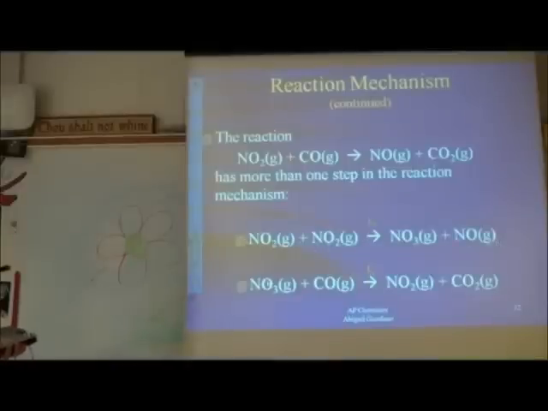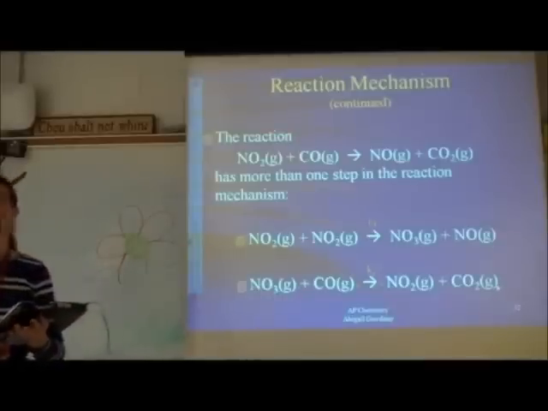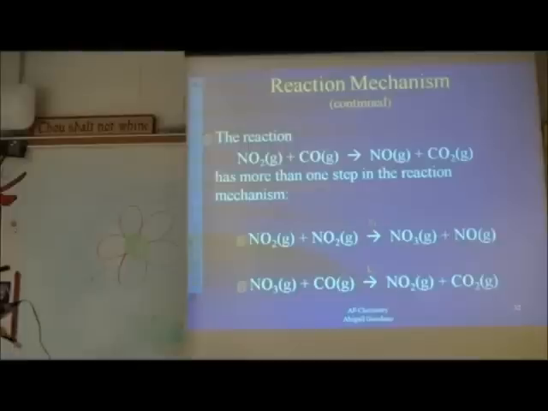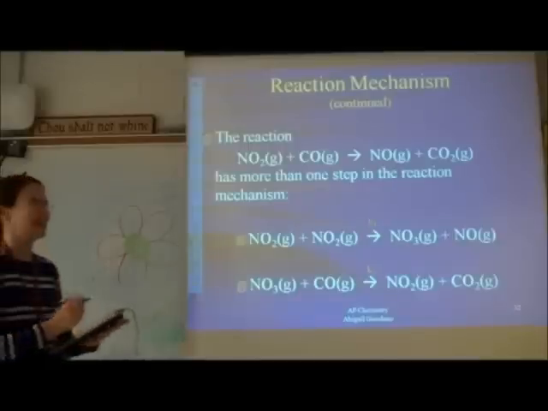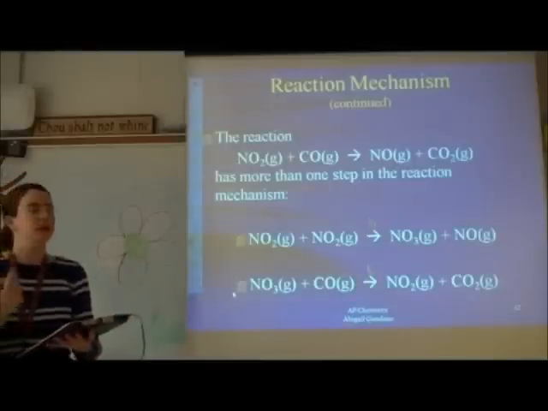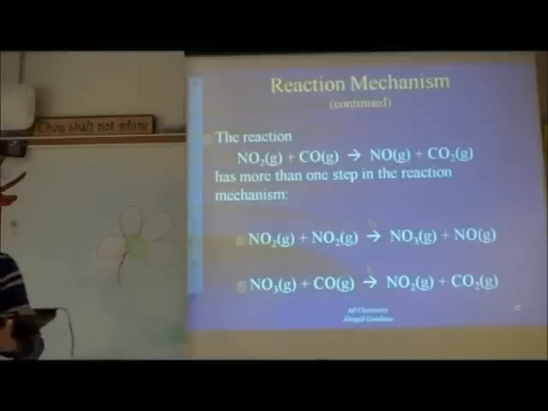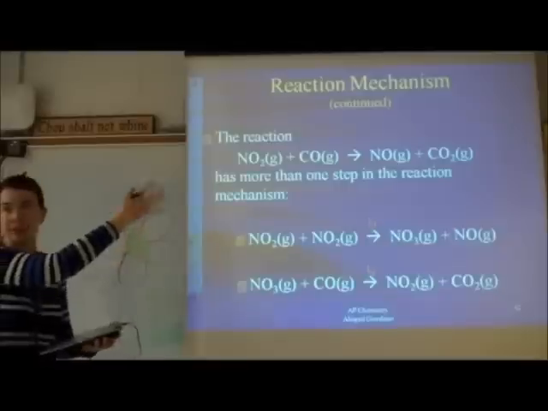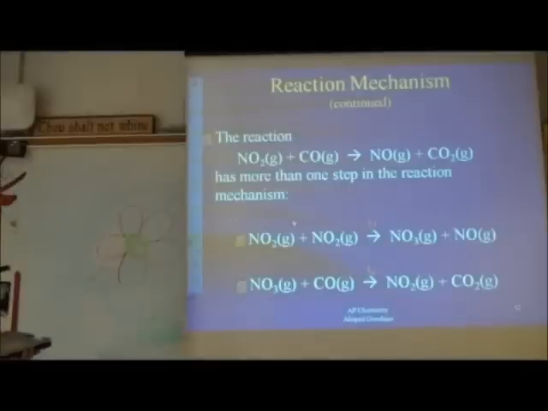Each individual part of that mechanism is called an elementary step. So this mechanism has 2 elementary steps. Some mechanisms have 3, 4, 5, 10, 15, 50, whatever. This one has 2.